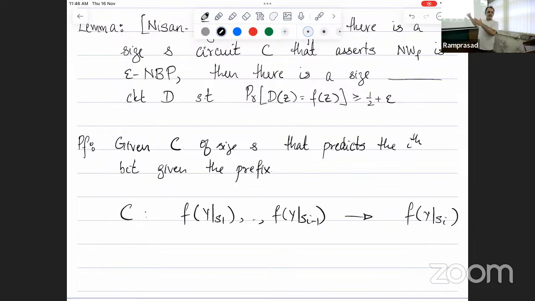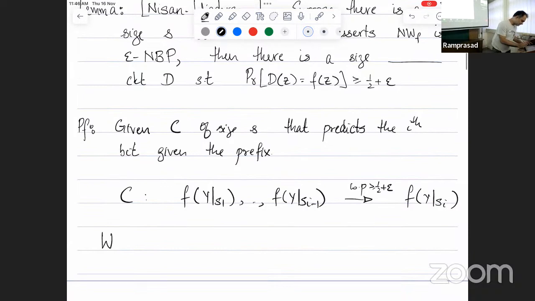Sorry, this is what is given. Somehow this circuit happens to agree with this with probability at least half plus epsilon. Okay, so that's the hypothesis. From this, I want to somehow build a way in which I can compute f.